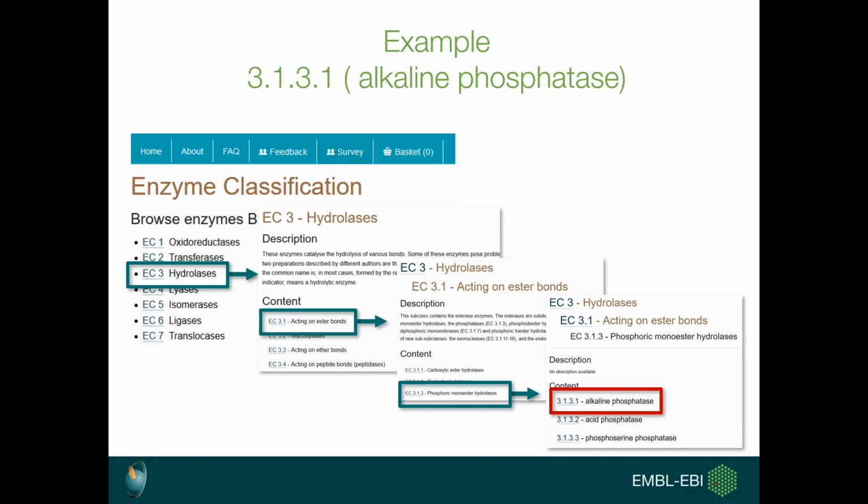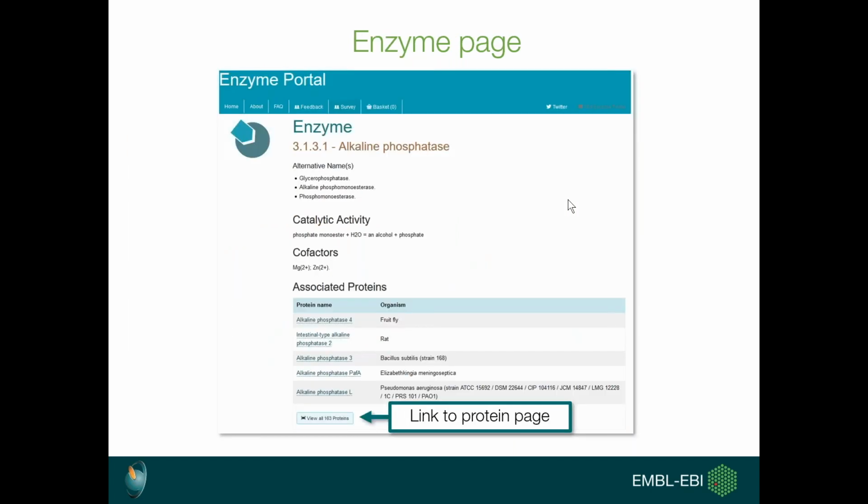If you click on one of them, it will take you to the enzyme page. This page contains various information about the enzymatic activity. Here you can find information on the enzyme names, the reaction participants, if the enzyme requires a cofactor, and more importantly, a list of the proteins which have this specific catalytic activity.